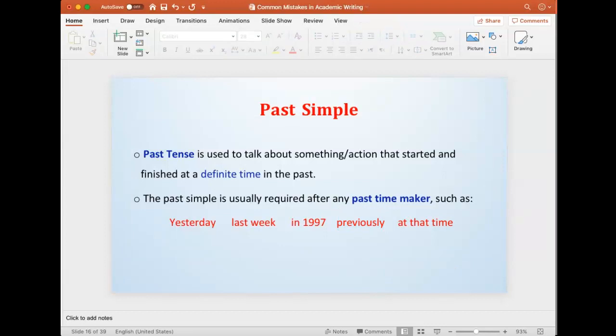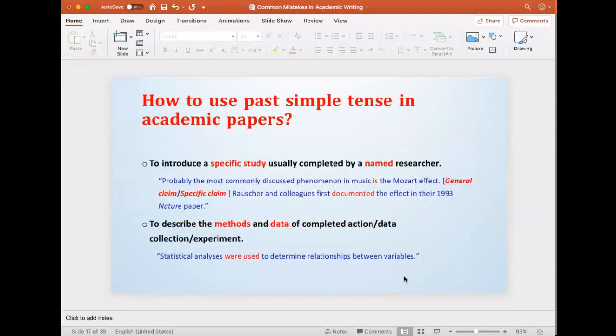So just to mention when this action took place. Okay. How do we use the past simple in academic papers? So we have two things here. The first one is to introduce a specific study, usually completed by a named researcher. Okay, and this is an example.